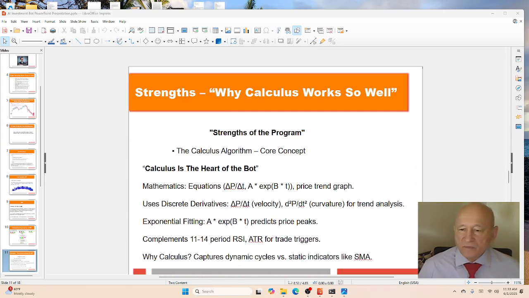Now, the strengths of why the calculus works so well. It's the trading logic that's in action. As we learn, the magic happens when the Calculus Live Trader uses an exponential fit model to predict Bitcoin's price.